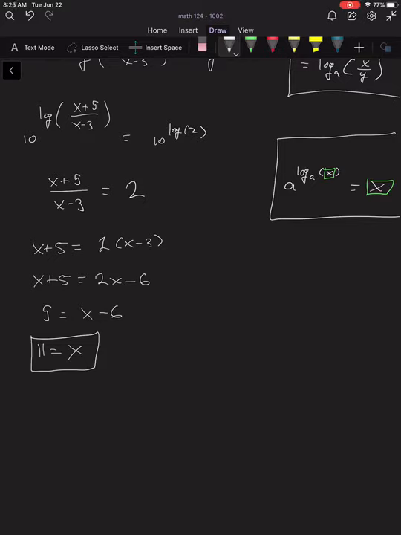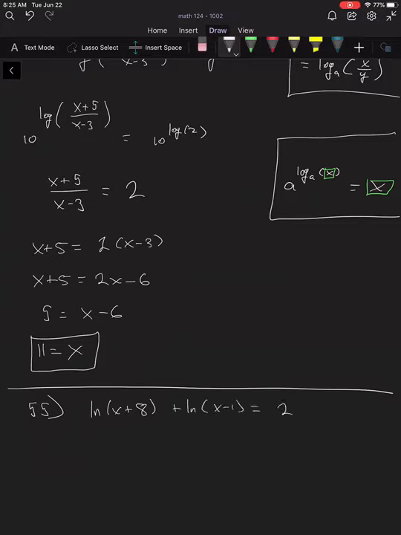Let's do 55. So 55 says natural log of x plus 8 plus natural log of x minus 1 is equal to 2 log of x, or natural log of x.